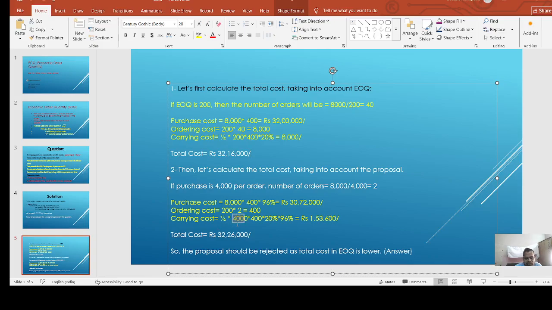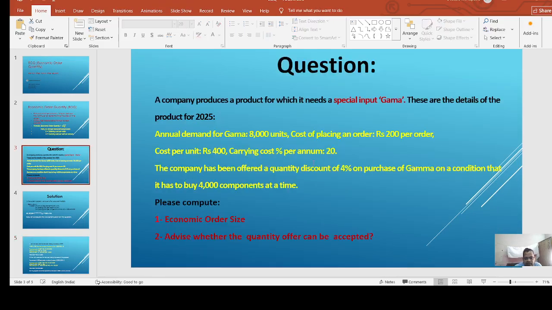So half multiplied into 4,000 into 400, the cost per unit, into 96%. That means the discount will be given on that. We have already discussed it. Into 20% is the carrying cost per annum, that the question has already given.